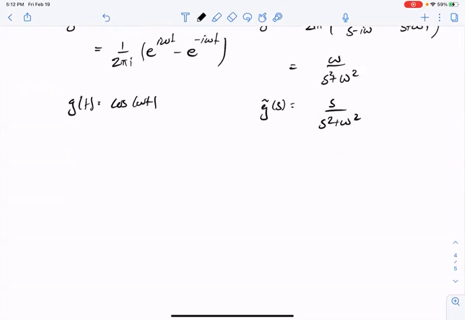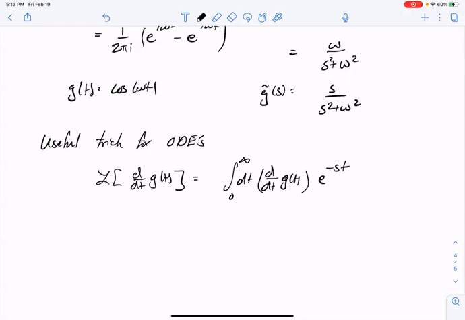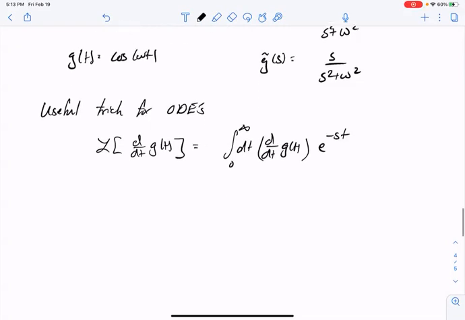If I took the Laplace transform of the differential operator acting on a function g of t, well, through my definition of the forward Laplace transform, that's an integral over time of d dt g of t, times e to the minus s t.